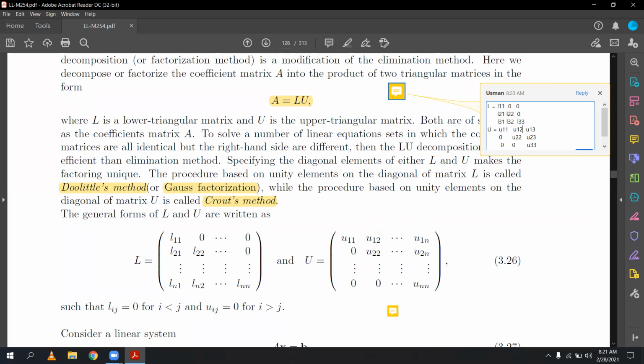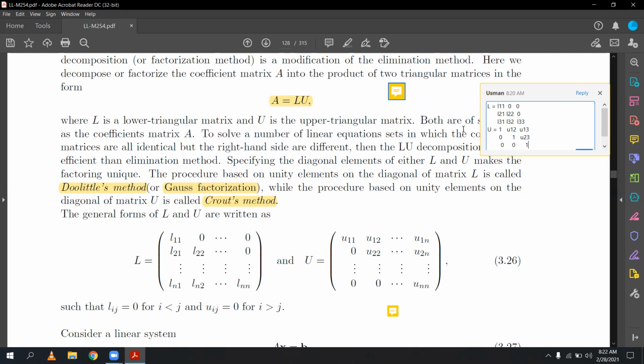But in the case of Crout's method, your U must be the unit upper triangular. So it means we need how many elements? 3 elements from U and 6 elements from L. So we have all 9 elements unknown and 9 elements we know with the help of this one.